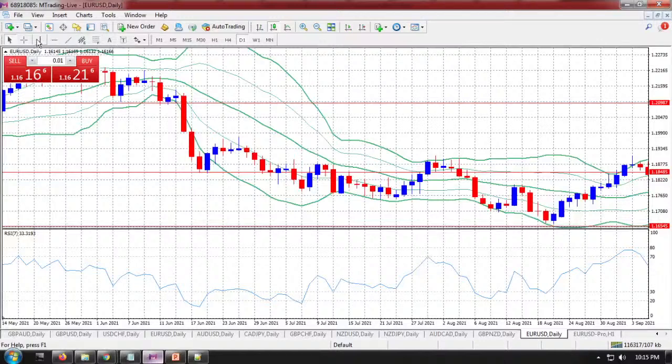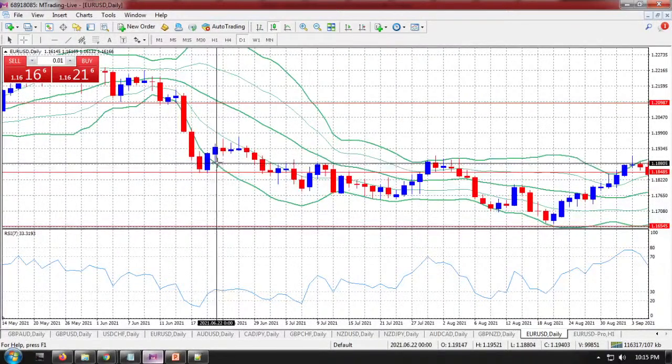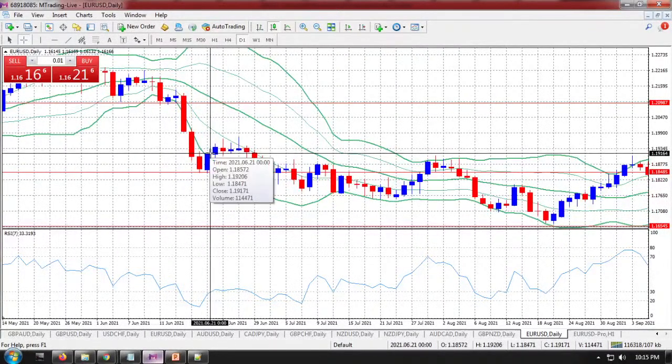So if you had entered the trade at this price, which is 1.1918, you would have been able to get to about this point, which is 1.1976.